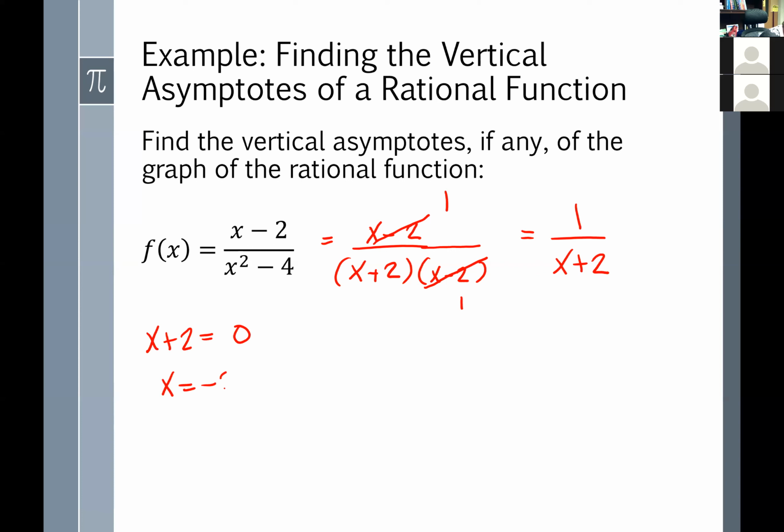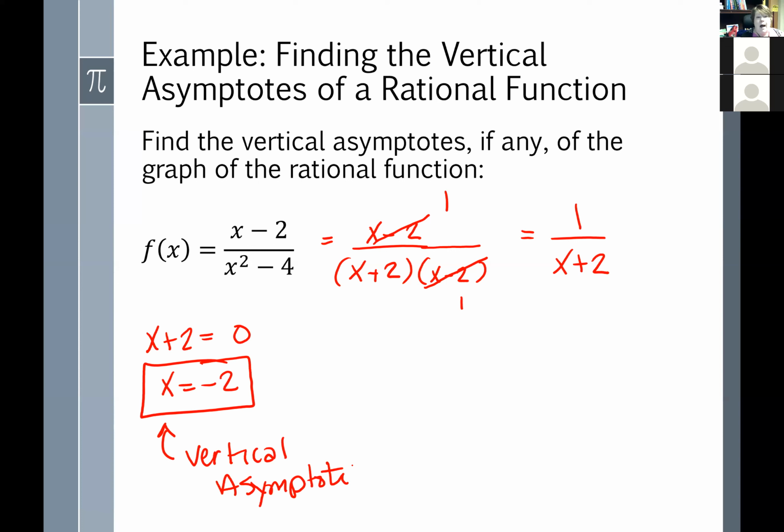So I have a vertical asymptote at x equals -2. But wait a minute. I canceled x minus 2 from the numerator and the denominator. What if x is equal to 2?